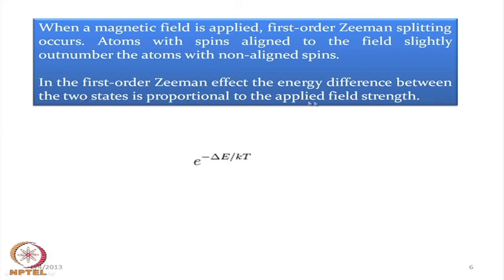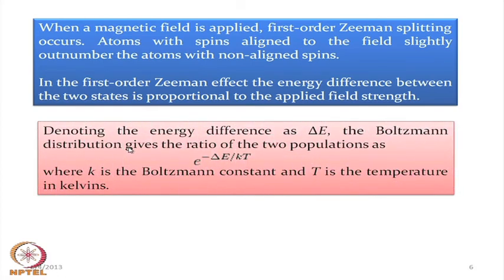So, it would be proportional to the applied field strength which we are putting for the determination of the magnetic moment.